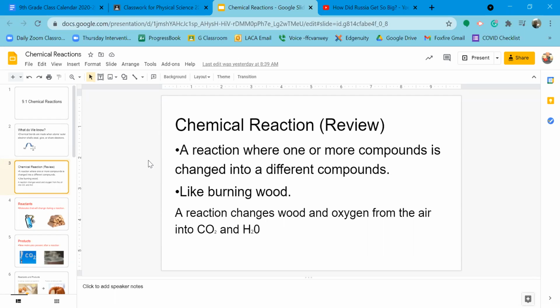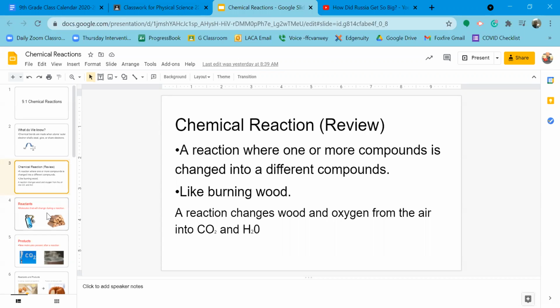We'll get a closer look at this as we go, but this is burning. This is what burning wood is. It's when the oxygen from the air attaches itself to the cellulose, the sugar that is the wood, the hydrocarbon or the carbohydrate.